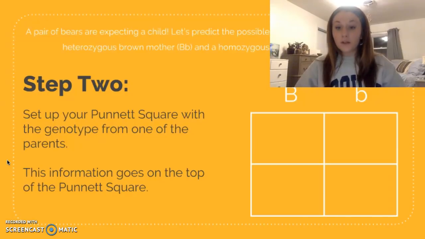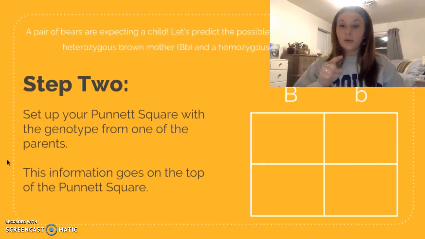So I started with the mother. You're going to take the mother's genotype and you're going to spread it out across the top of the Punnett square. So the first letter for her genotype goes above the top left of the Punnett square, which is the capital B. And then the second letter in her genotype, which in our case is the lowercase b, that's going to be spread across the top right of the Punnett square.